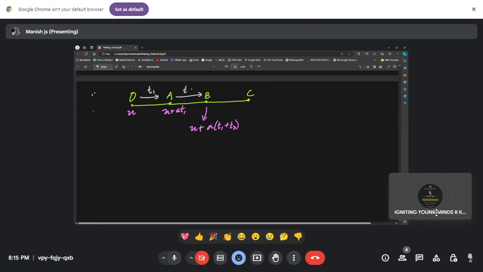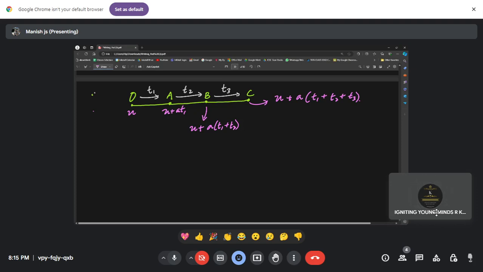From B to C, it takes time t3. So finally, what would be the expression for velocity at point C? You can write this as u plus a times t1 plus t2 plus t3. This is how you write the expressions for velocity for each and every successive point.